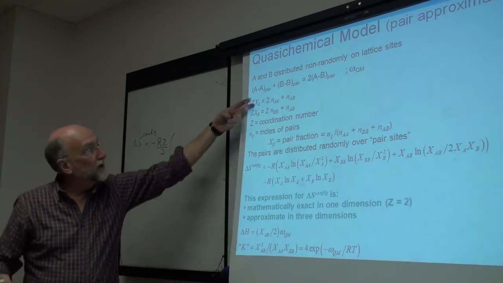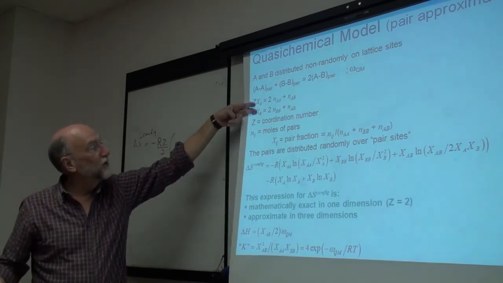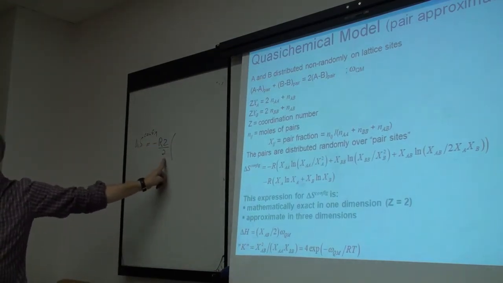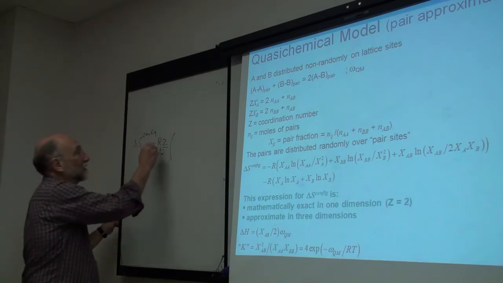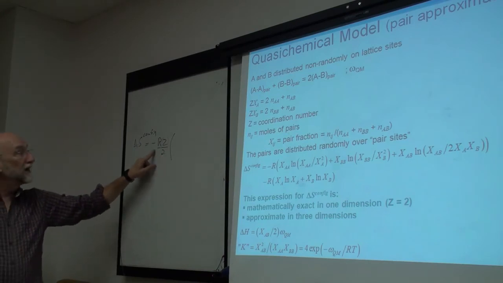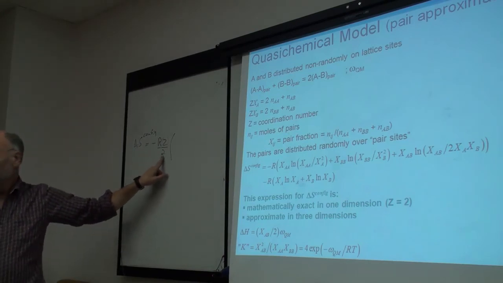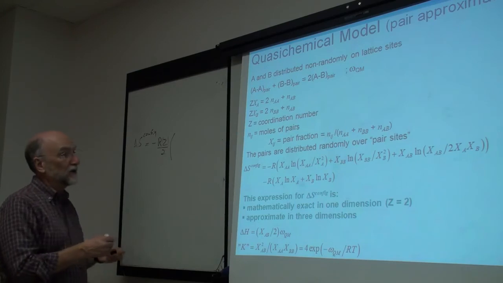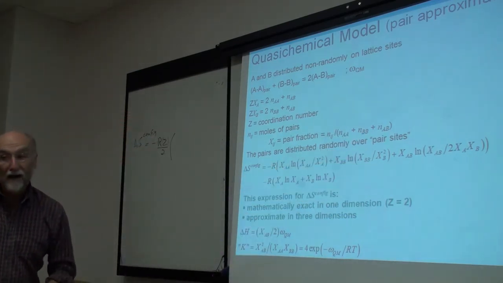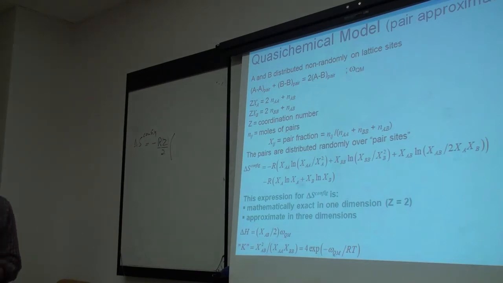In 1 mole of solution, where XA plus XB is 1, you have Z over 2 moles of pair sites. So you have to multiply by the total number of pair sites, which is the total number of pairs in 1 mole. When you have 1 mole of lattice sites, you have Z over 2 pairs. Now we distribute the pairs, AA, BB, and AB, randomly over the pair sites.